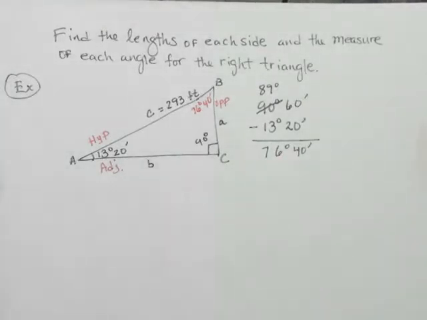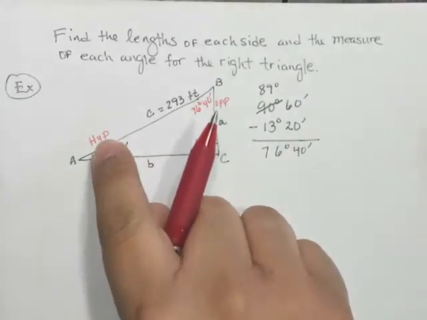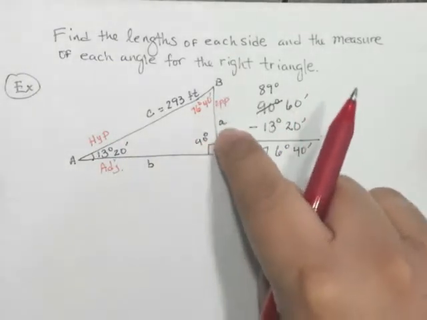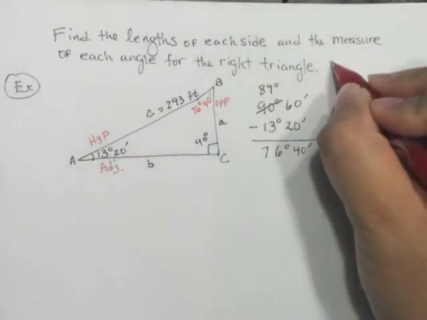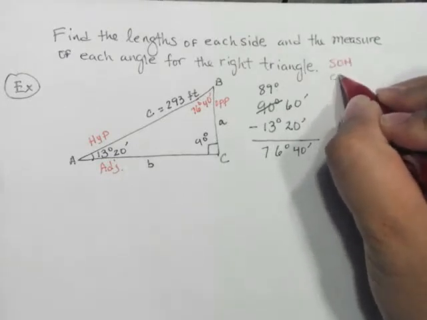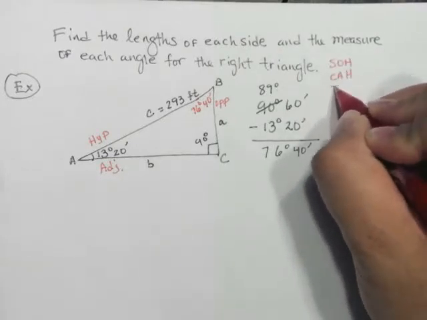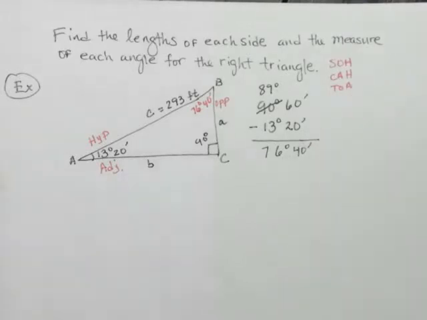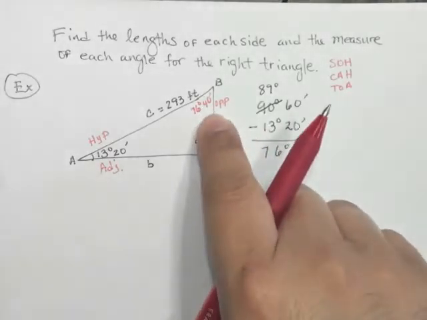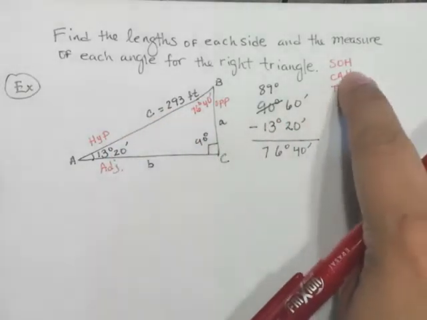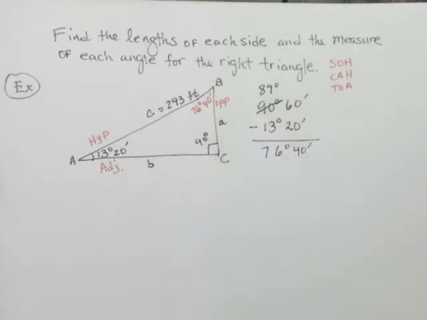Okay, cool. So I know the hypotenuse, but I want to find the opposite. So SOHCAHTOA. Let me write that down real quick. SOHCAHTOA. Okay. So in this case, I want to find the opposite. I know the hypotenuse. That's a case for SO, the sine function.